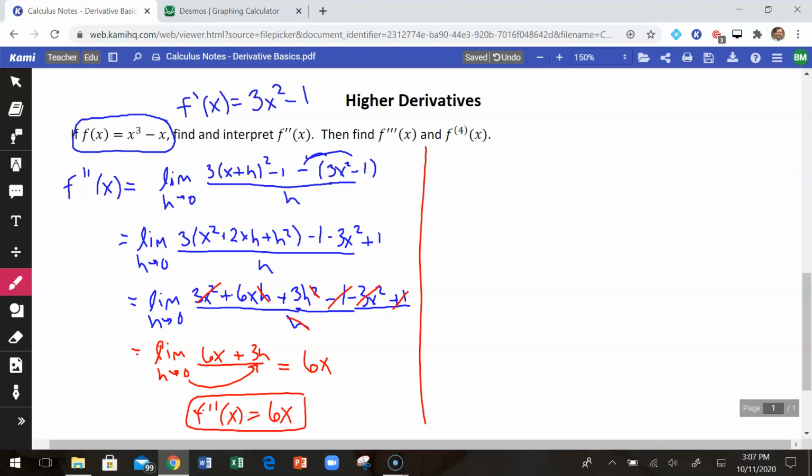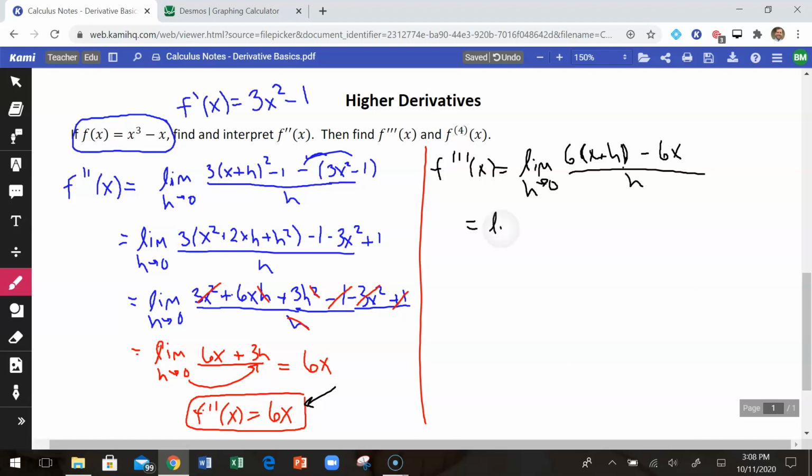Now I'm going to go ahead and evaluate these other ones. I promise they'll take less time because my function is starting to become smaller and smaller here. So the third derivative of x is the limit as h approaches 0 of, and now I'm going to use f double prime, so I'm going to use this I just found. I'm going to do that evaluated at x plus h, so f of x plus h minus f of x, which is just 6x, all over h.